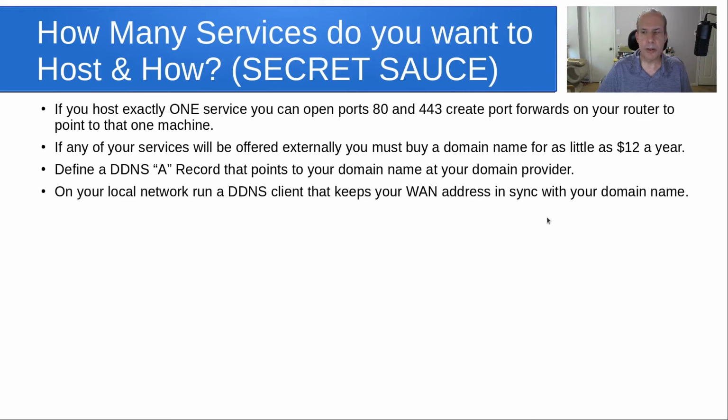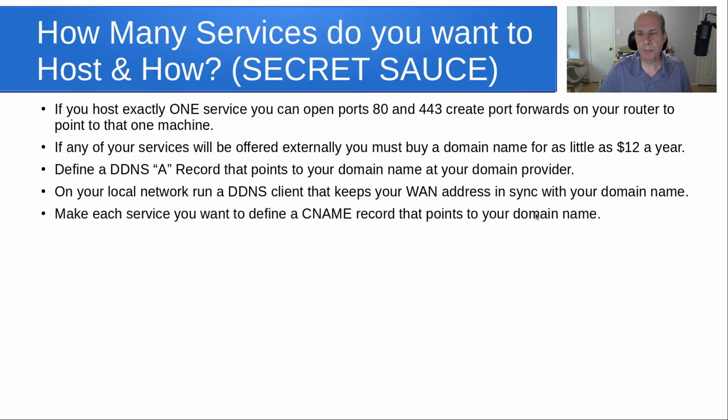So, right, your internet service provider gives you exactly one wide area network address for your router, and that can change. That's why they call it a dynamic address. And so you have to have something that keeps your domain name in sync with that possibly changing address.